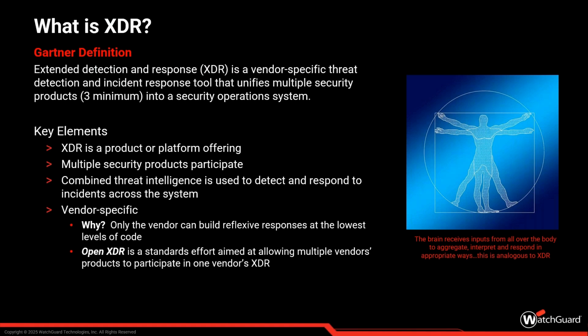And the reason why it is vendor specific today is because those reflexive capabilities, that automation capability, requires an innate understanding of typically the platform itself. And this is why we've seen the vendor-specific approach be dominant. I will say we are starting to see what we call open XDR, which is allowing you to really extend from that vendor capability to include other security layers from competitors and be able to not only do detection across those layers, but also push responses there.